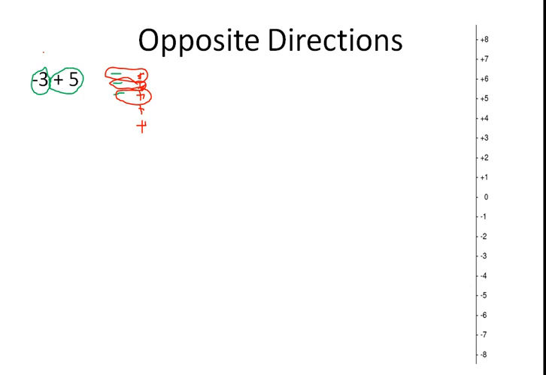Another way to look at that is we've got so many negatives and so many positives, and the one with the most is going to be the answer. So there's more positives in this case, so we know that the answer is going to be positive, and we have 2 left over. So we subtract the 5 minus 3, we have 2 left over. We have 2 more positives than we do negatives.